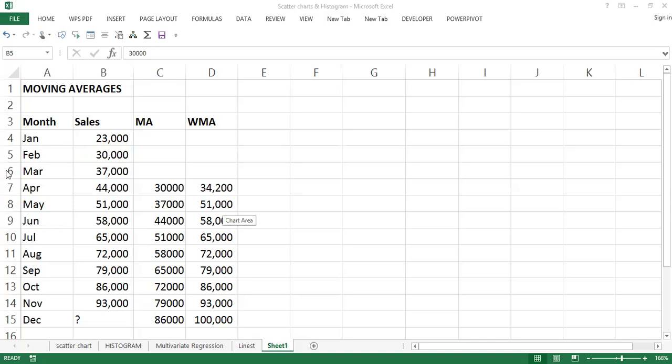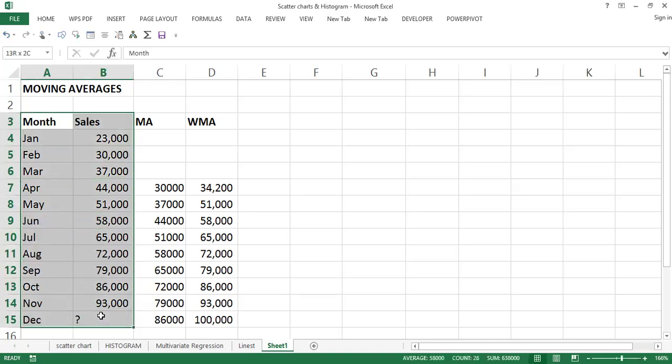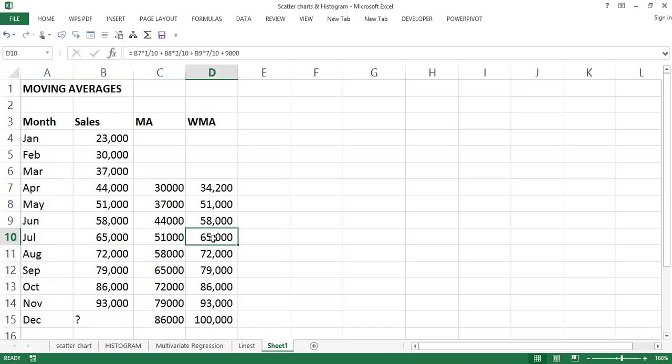Okay. Now, this is monthly sales data for a business. So now we want to use moving average to explore forecasting here. When you want to do moving average, you have to choose the duration to use for your moving average.